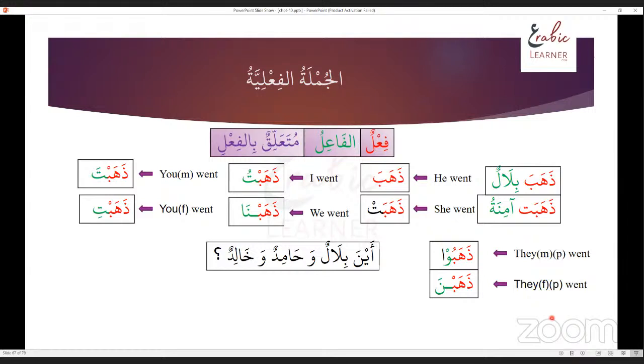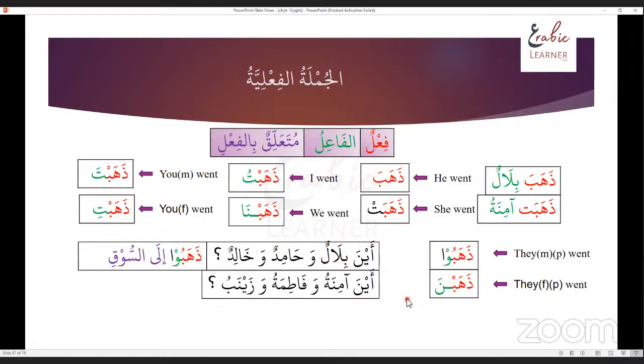It gives a full answer. They went to the house, they went to the masjid, they went to the market, they went to the madrasa. Zahabu ila as-suq. Well done. Aina Aminah wa Fatimah wa Zaynab?